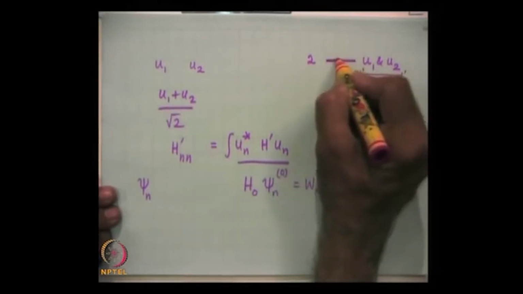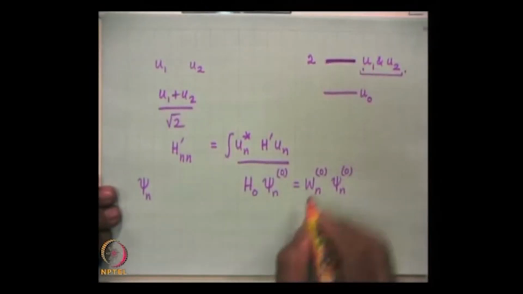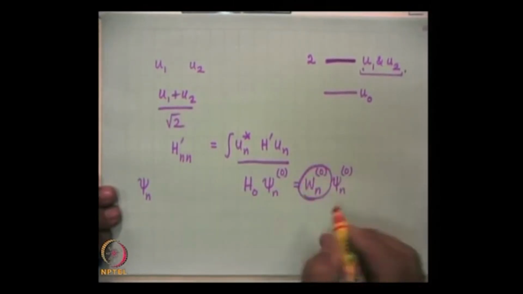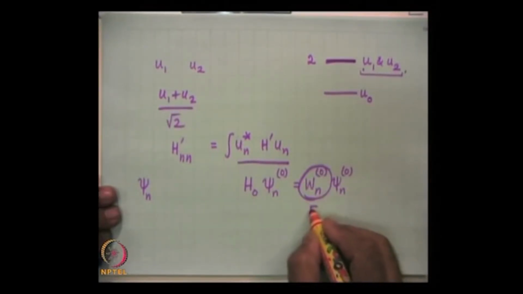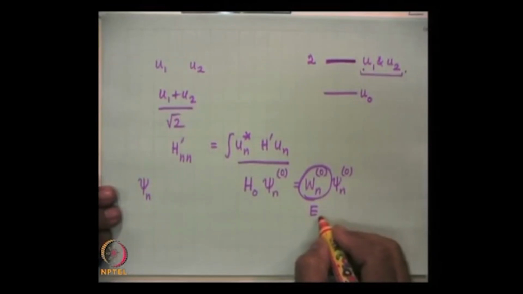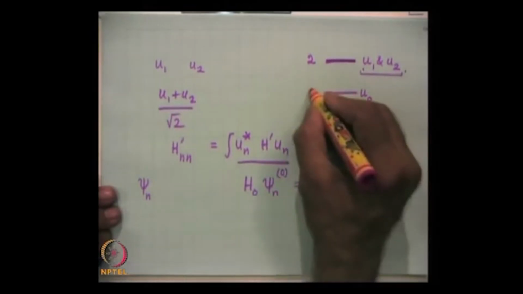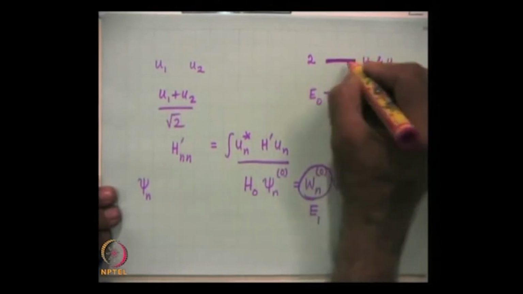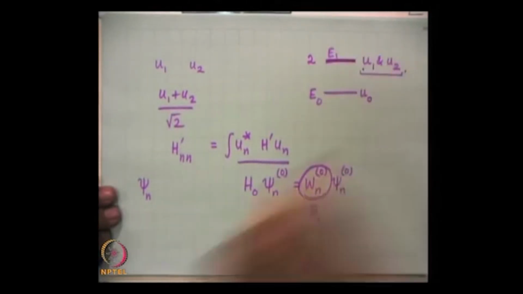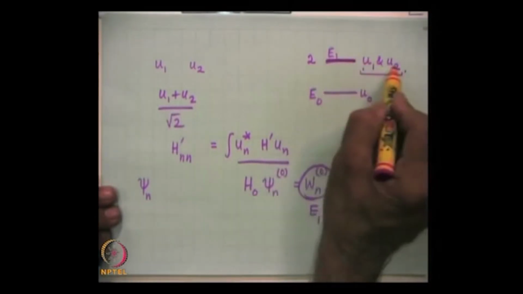Now, I can consider the perturbation to the second state. So, W n0, I know this is equal to E1, so this is E0 and the energy is E1. E1 and E2 are equal.